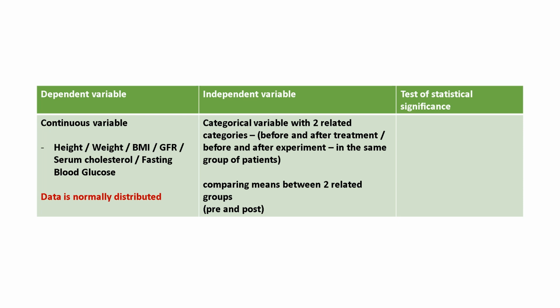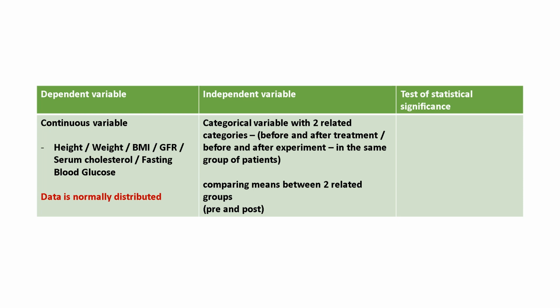The independent variable is categorical with two related categories: before and after treatment, or before and after an experiment in the same group of patients at two different time points. So the scenario is comparing means of a continuous variable between two related groups or two related samples.